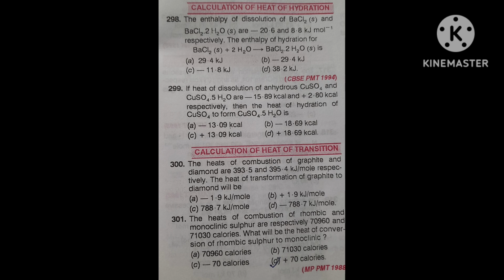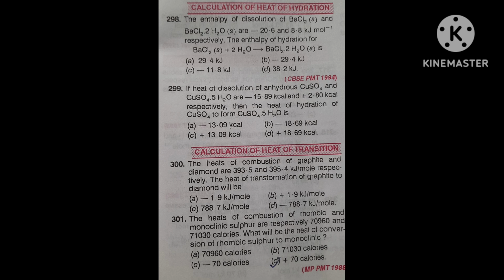That is actually the heat of hydration. Heat of hydration means barium chloride solid plus 2H2O. The correct answer is minus 29.4 kilojoule, so option B is correct. This question was asked in CBSE medical.